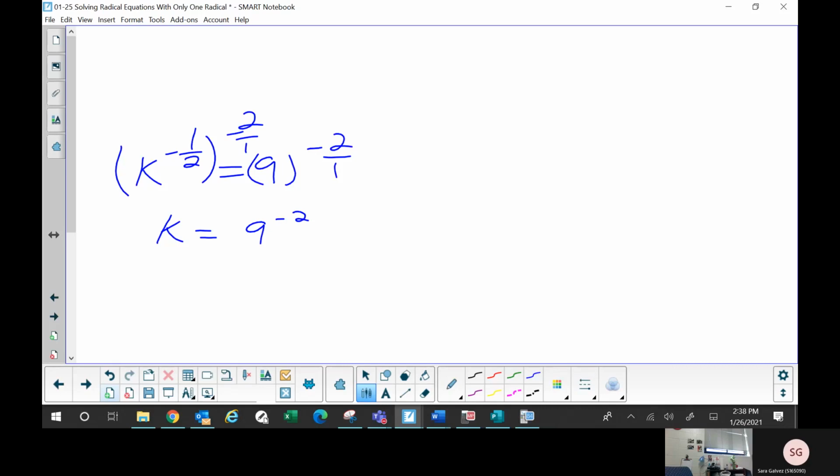What is 9 squared? 81. So if we get rid of that negative and think about if we just had variables like we did in the warm-up, to get rid of this negative, it's going to be 1 over 9 squared. And you know that 9 squared is 81. Didn't even need your calculator.